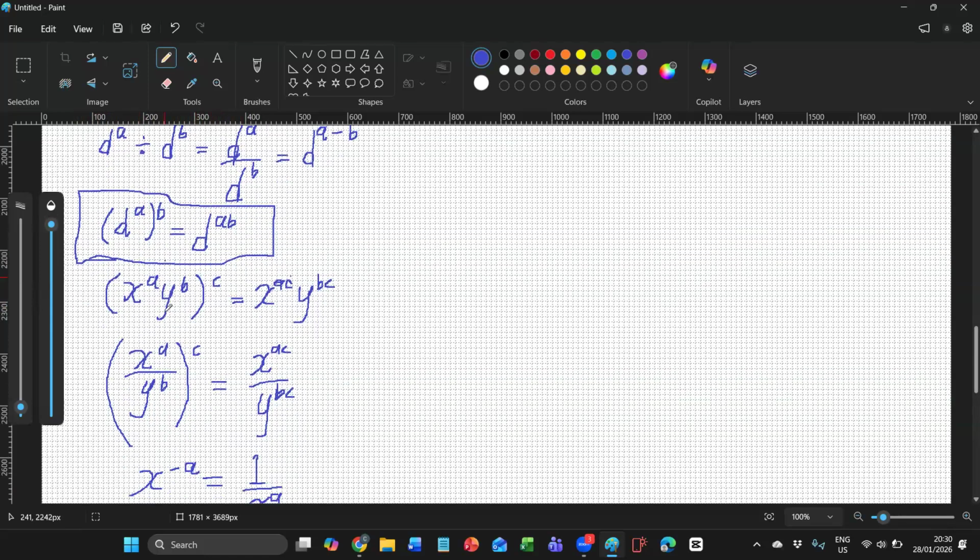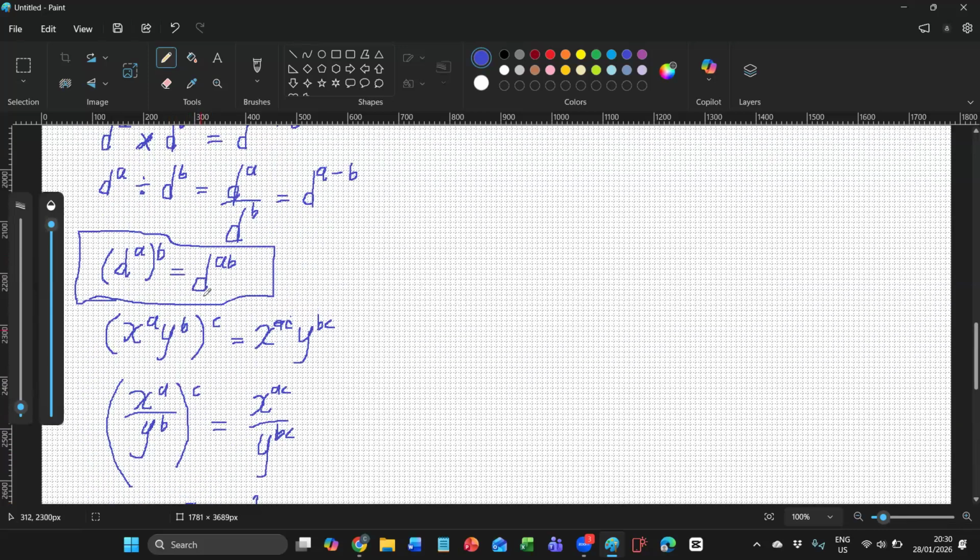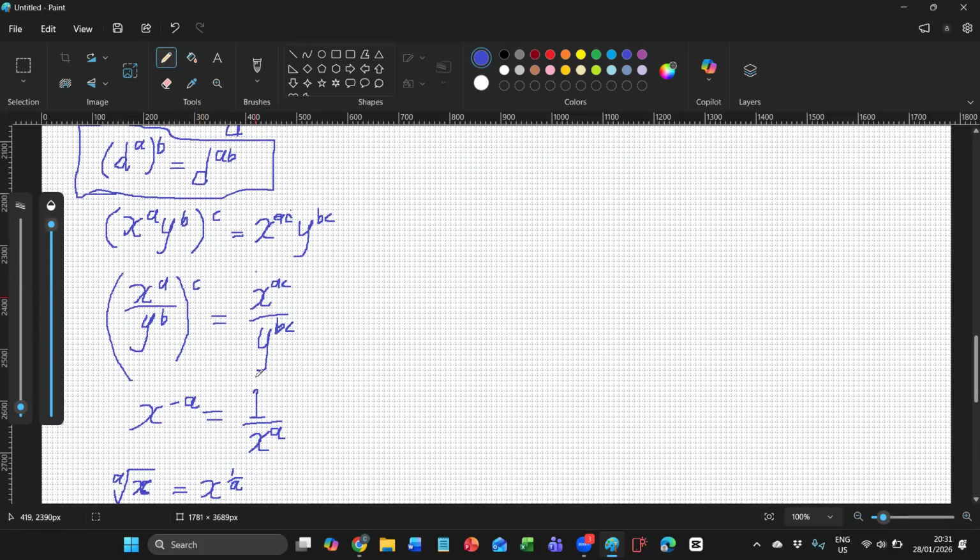Now, this is that in action. Watch. 8 raised to the power of 1 over 3 times 5 looks like D raised to the power of A times B. Do you agree with that?